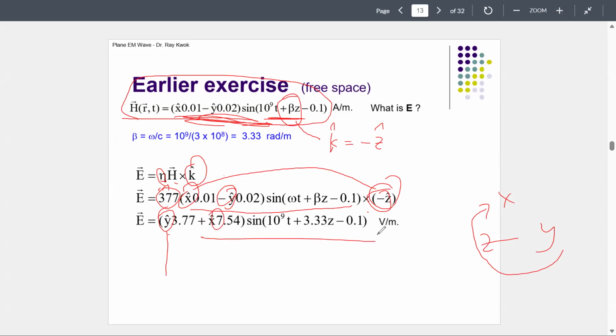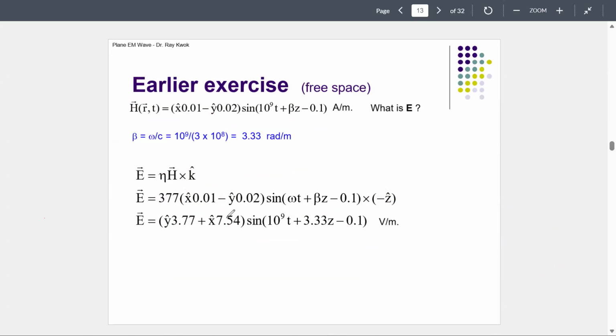So if you know what you're doing, in some simple cases these are very fast, faster than using the three rules, faster than anything you can do, faster than the curl for sure, right? Okay. Any questions? If you want to try to use this, learn how to use it, it's fine, but practice that.